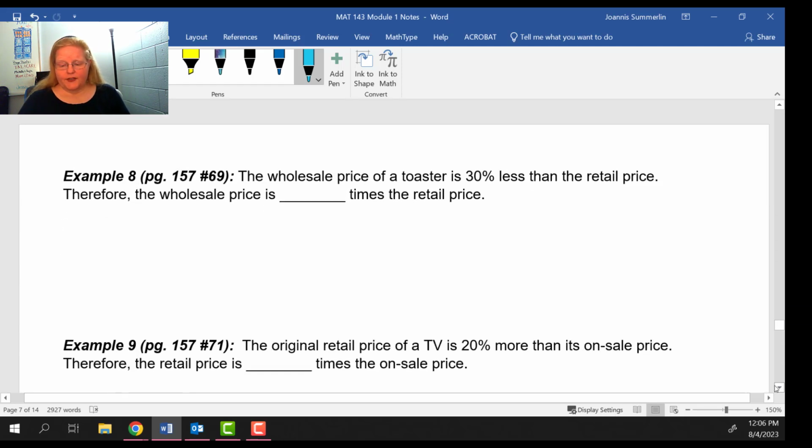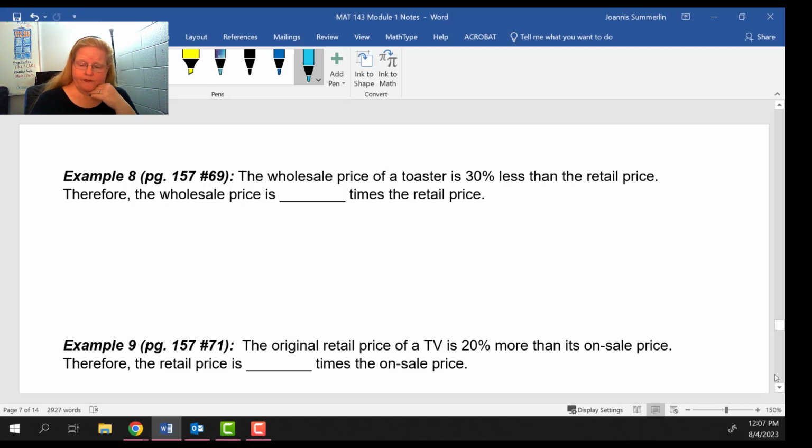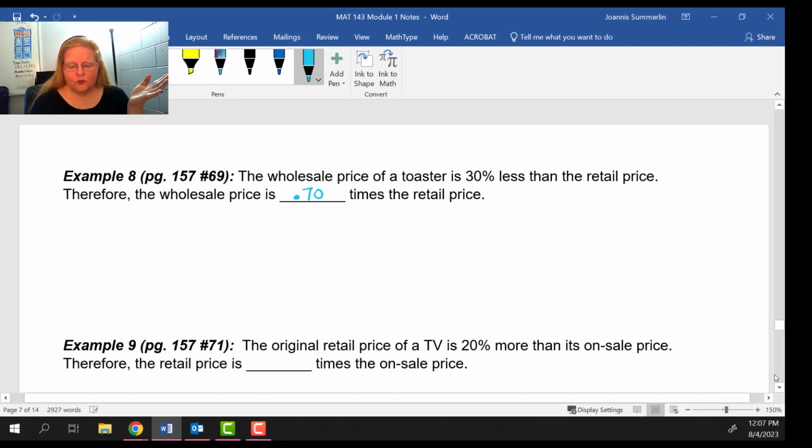The wholesale price of a toaster is 30% less than the retail price. Therefore, the wholesale price is blank times the retail price. You want to say that it's 70%, right? But since they say times, I bet my math lab would put that as 0.70, because you don't multiply a percentage.